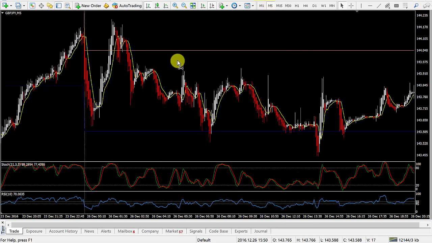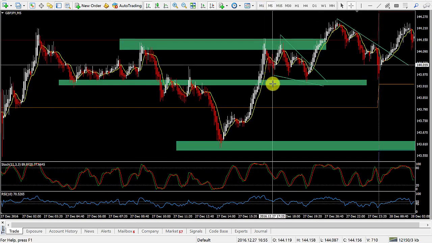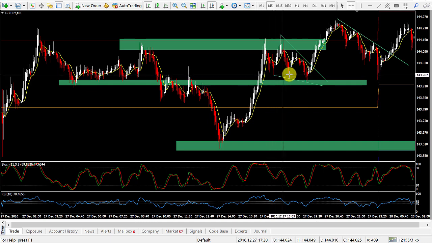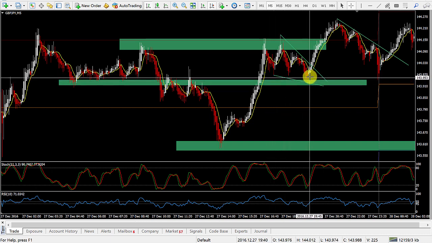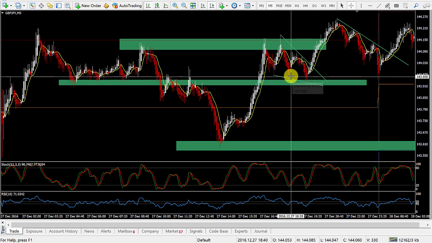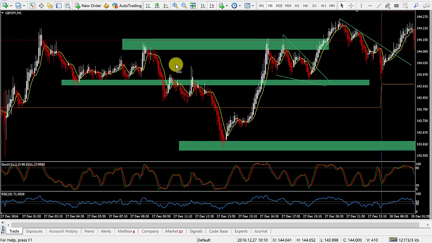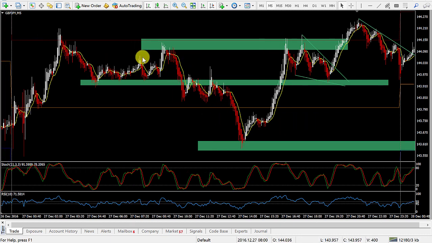And then we go down to the M5 and we see this double top here, and then we see this double bottom get taken out. That doesn't really mean a lot. Why? Because the overall trend is still dictated by the global highs and lows on the M15.